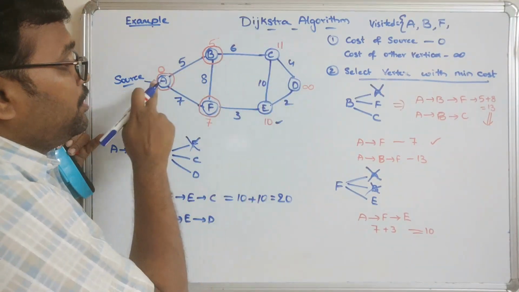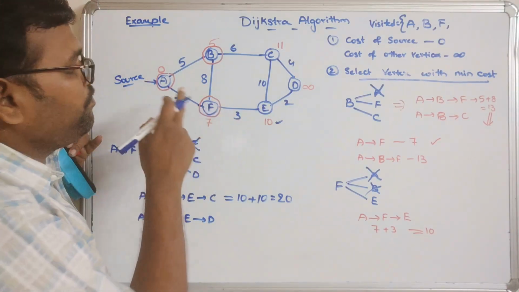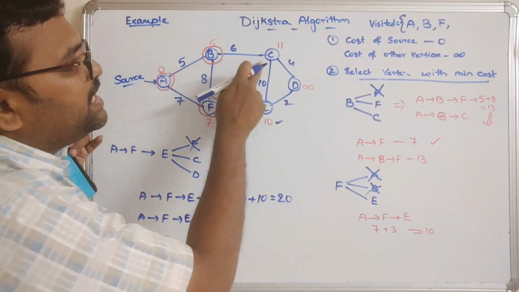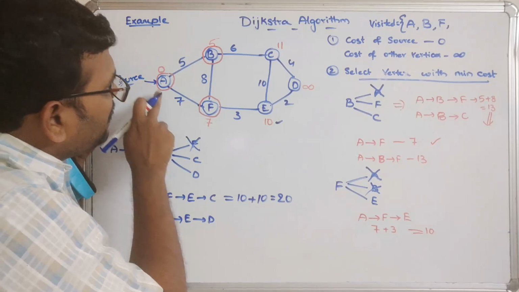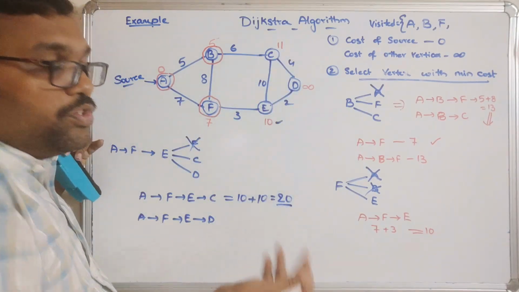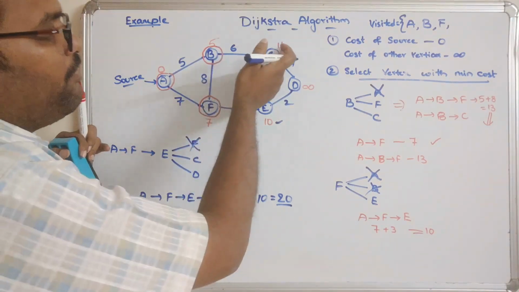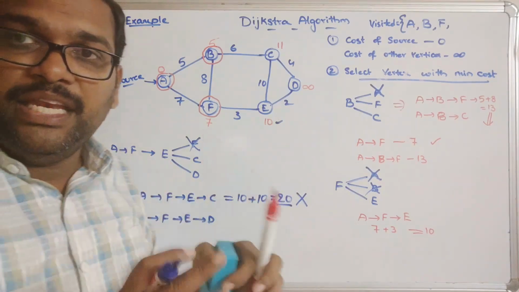Already the cost of C from A is 11. That means the path or the distance required for A to reach C is 11 through B. And the path from A to C through F and E becomes 20. So which one will be the lowest? Obviously 11 will be the lowest. So we can discard. We have to select the minimum.